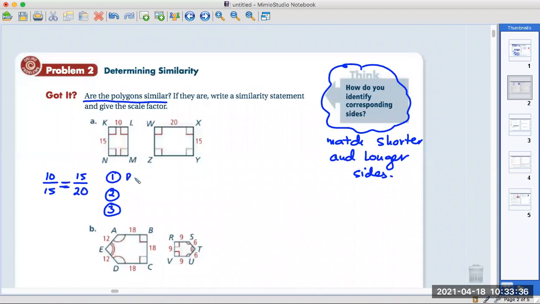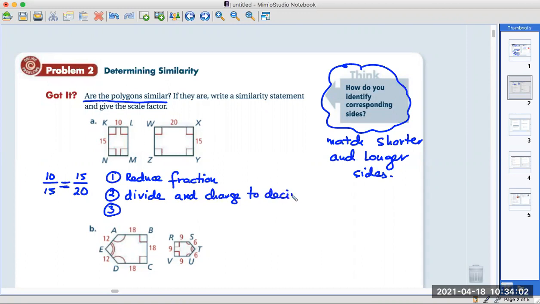You can reduce the fractions and see if they match. Or you can divide using your calculator, top by bottom, and that's going to be a decimal.